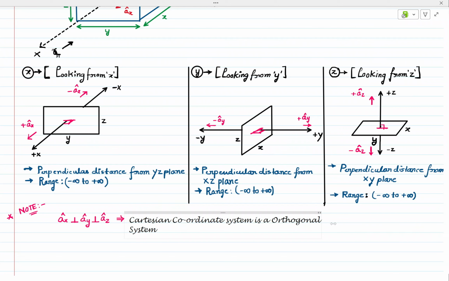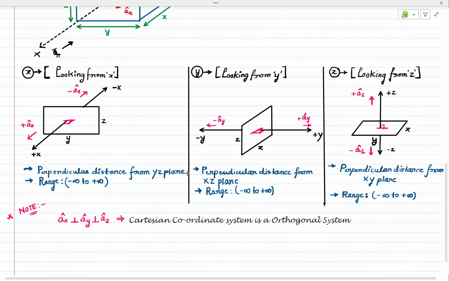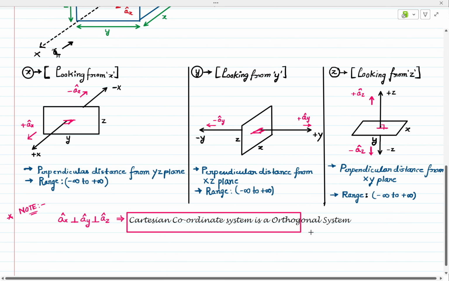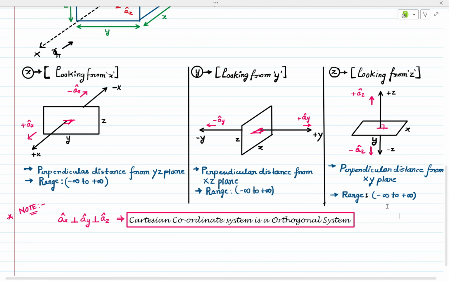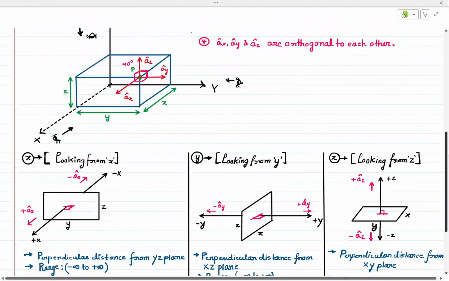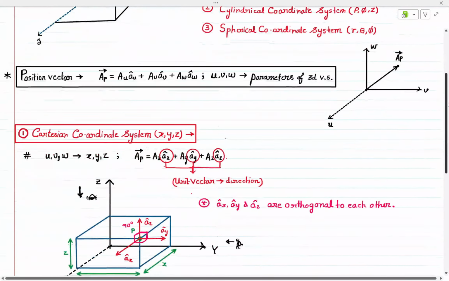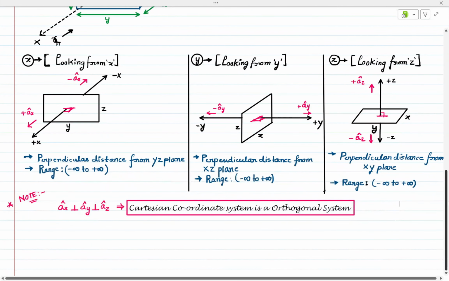Why is it an orthogonal system? Because ax, ay and az are orthogonal to each other. You have to remember it definitely. So let me box it: the Cartesian coordinate system is an orthogonal system.